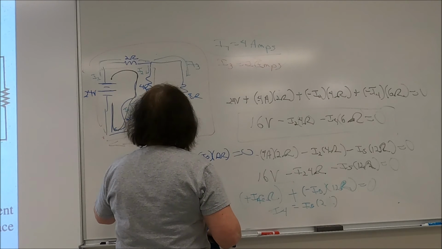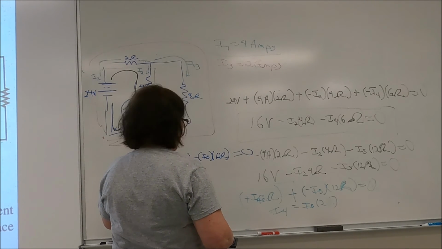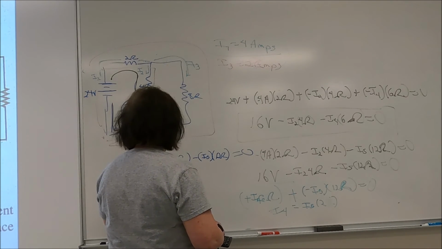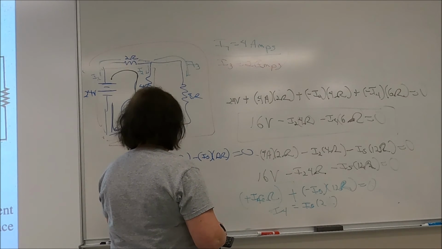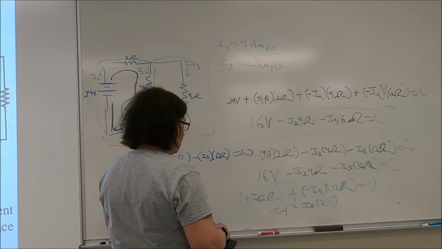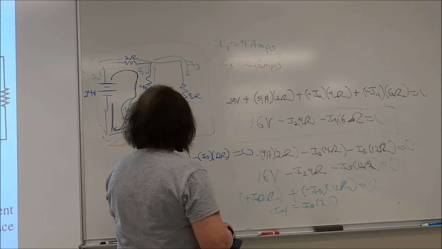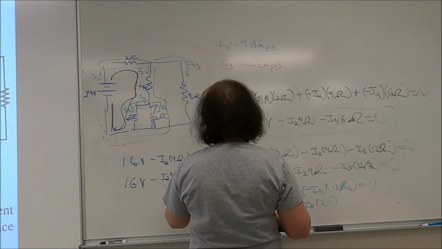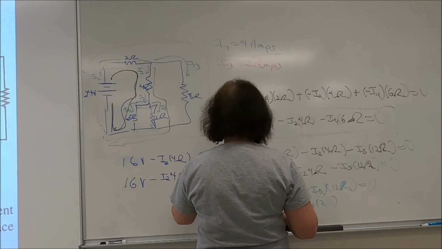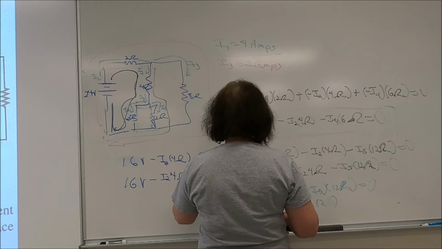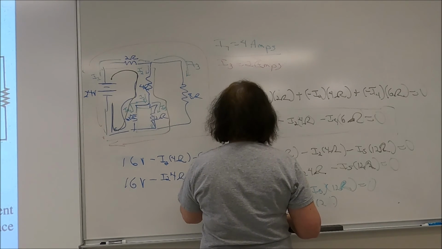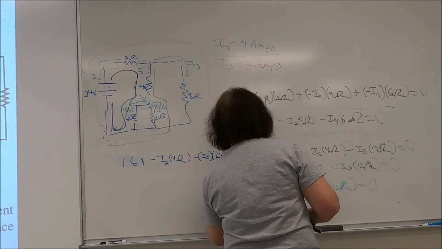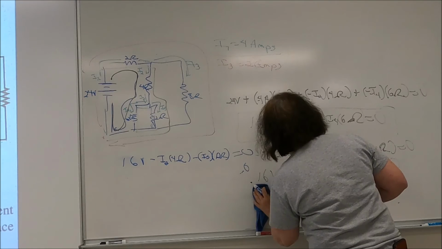And then I have 16 volts minus I2 times 4 ohms minus 12 ohms, I5, I got the same equation. Drat. I don't need to do that.